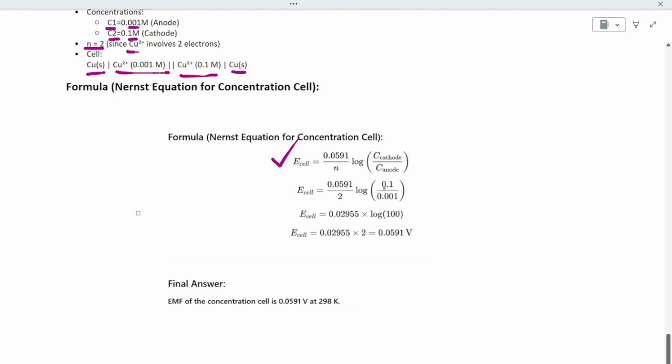Here we know the concentrations, so substitute, and n is 2, and 0.1 by 0.001 is obviously 100. If you do it in the calculator you will also get it, and by seeing these decimals we can identify that it is 100, and log of 100 in the calculator is 2, and multiplied by this, 2 gives 0.0591 volt. The EMF SI unit is volt, so we will write the EMF of the concentration cell is 0.0591 volt at the particular temperature given as 298 Kelvin.